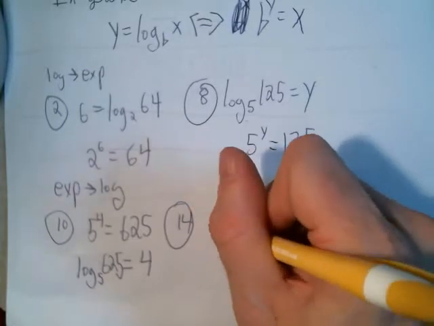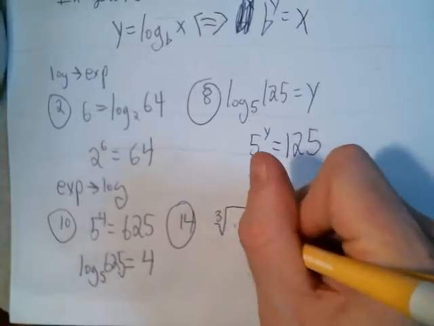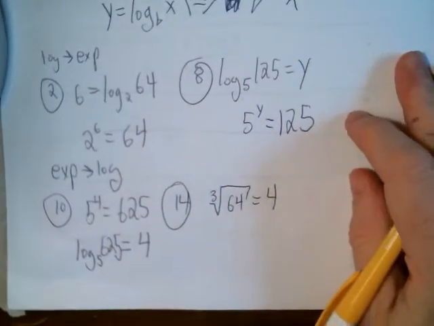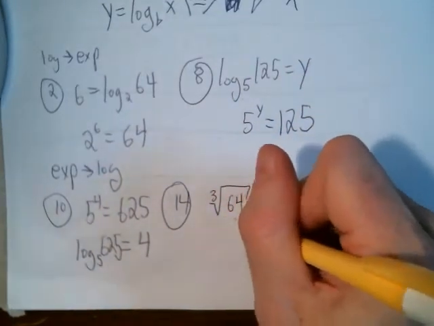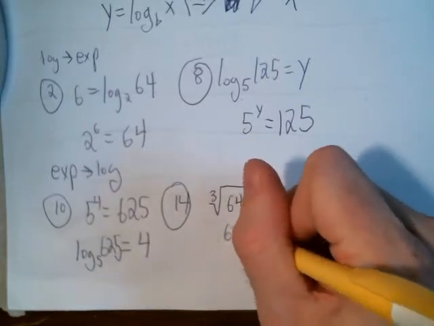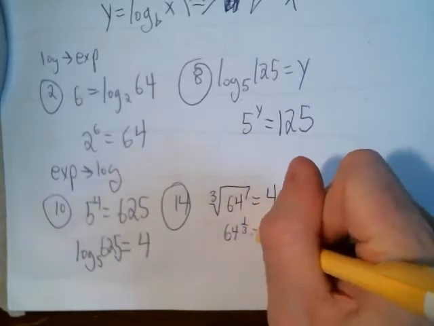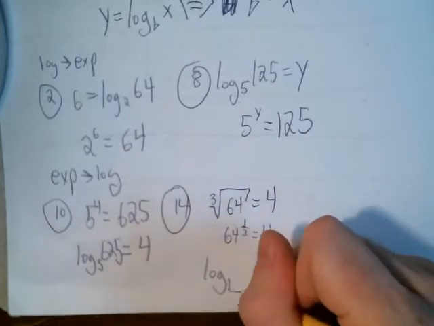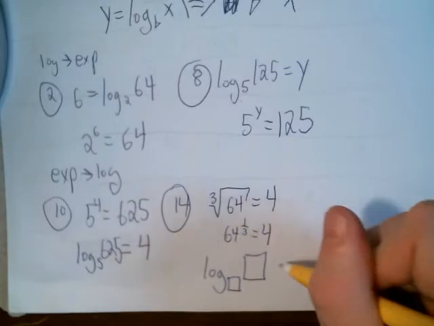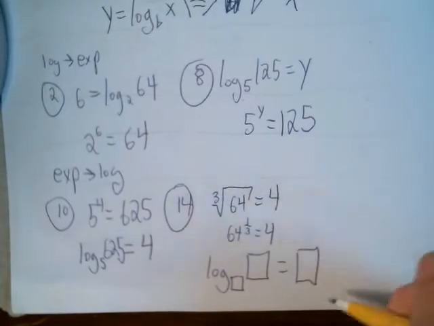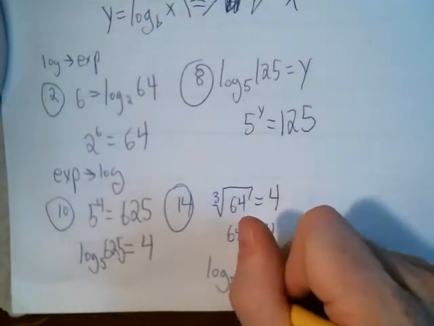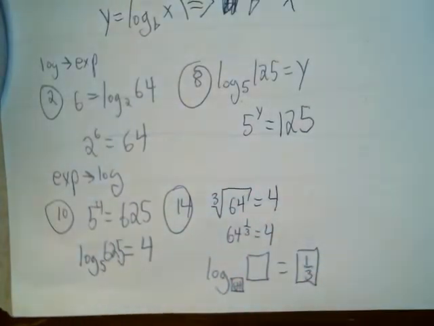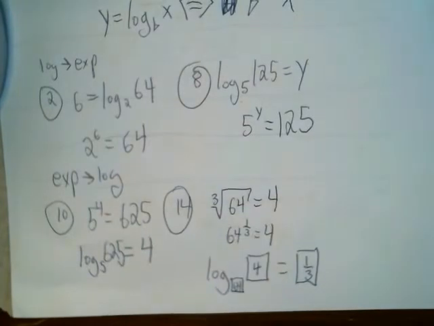They'll try to trick you a little by putting the exponent in the form of a root. Okay. So we can rewrite it as 64 to the 1/3 power equals 4. And then we're basically filling in the boxes here, right? So the base is 64. And then we're raising it to the 1/3 power, so that goes up there, and then that equals 4.